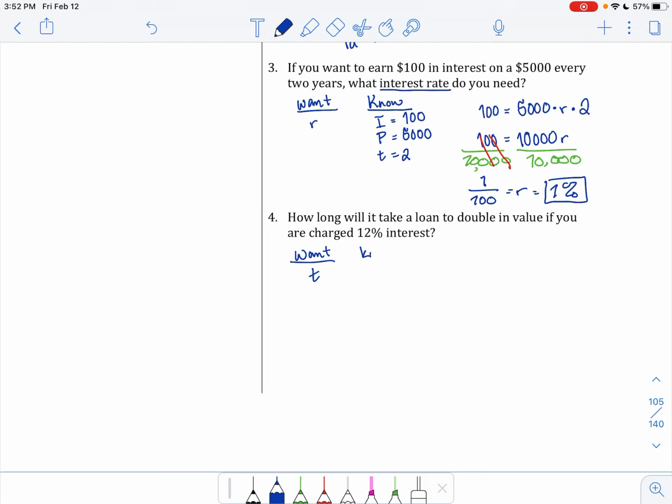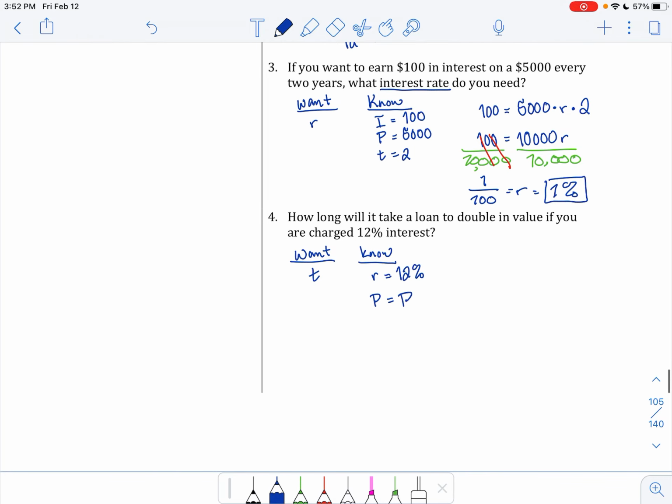Now we know R, which is 12%, but it says it wants to double. So what that tells us here is that we don't know what our principal is, but we can pick a number because this is not going to make a difference. So you can pick any number you like. You can even just leave it as a variable.